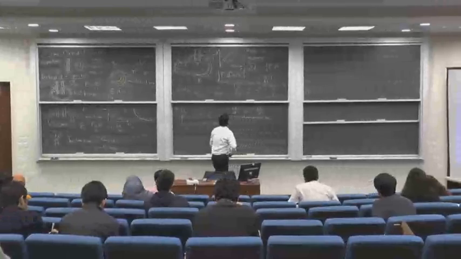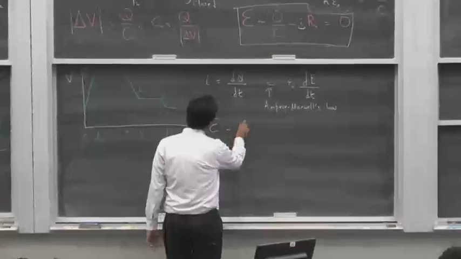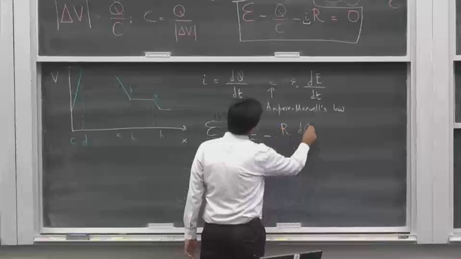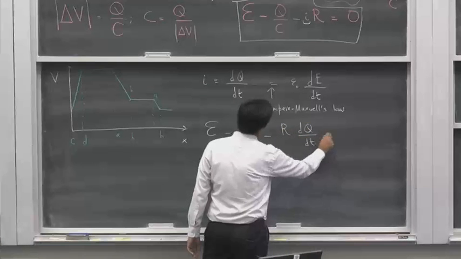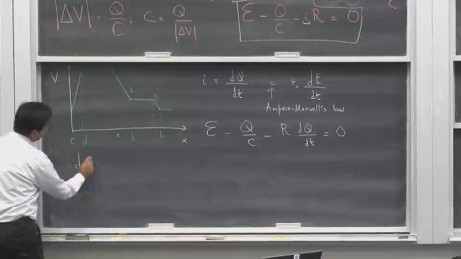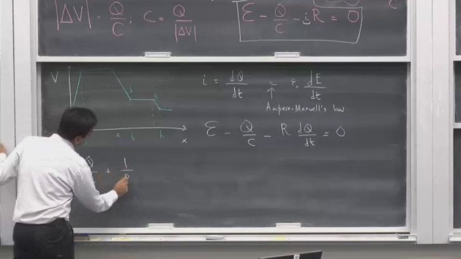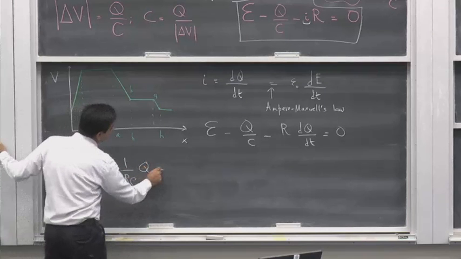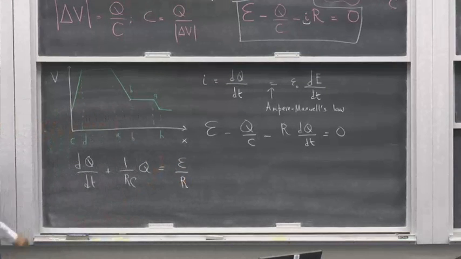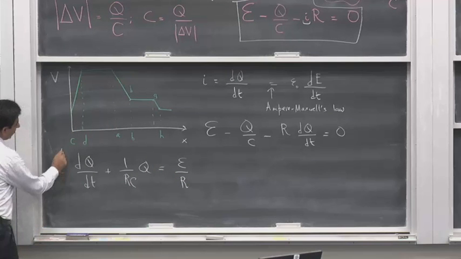Alright, so what we have is the following: E minus Q over C minus R dQ over dt equals 0. This means dQ over dt plus 1 over RC Q equals E over R. Now I multiply both sides by e raised to power t over RC.